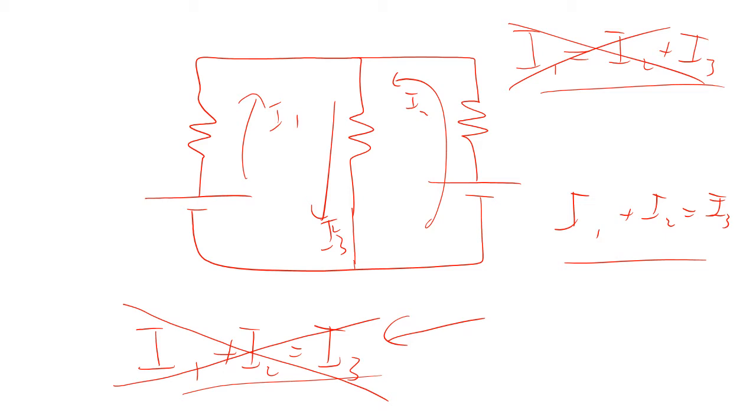The direction that you pick the current defines the plus and minuses of those resistors. If you change the direction of the current, then that changes the plus and minus of the resistors. It does not change the plus and minus of the battery. That does not ever change.